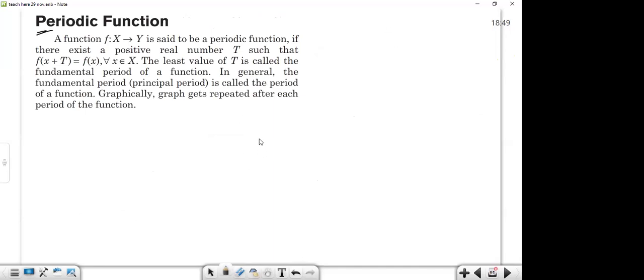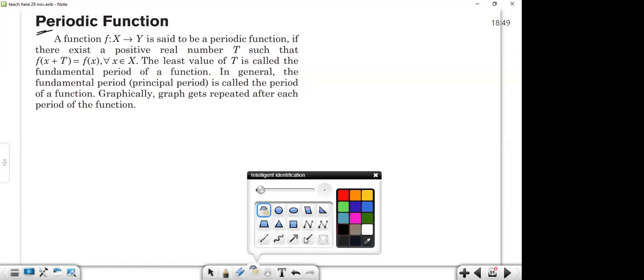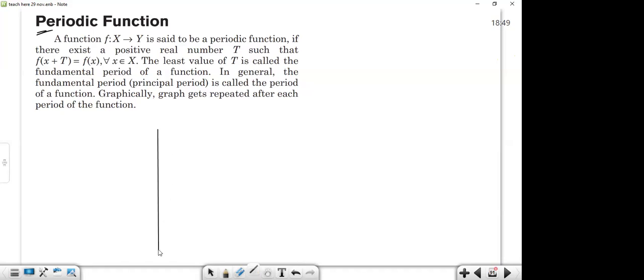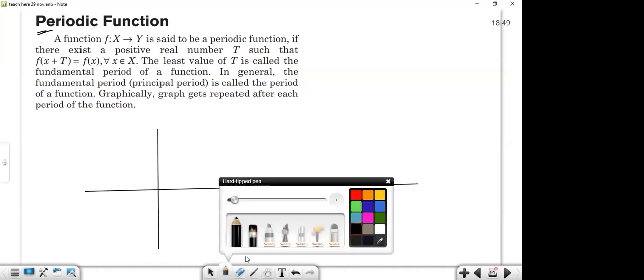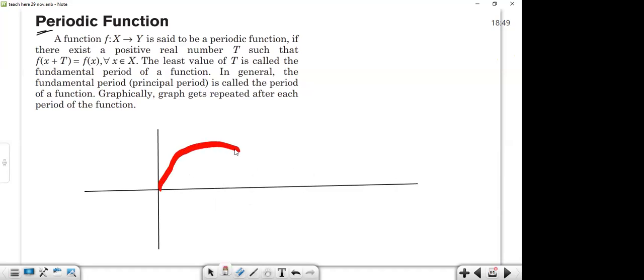Let's discuss periodic functions now. It's simple. Let's take one example of a trigonometric function to understand it. I want to draw sin x, but I have drawn it with very high magnitude.